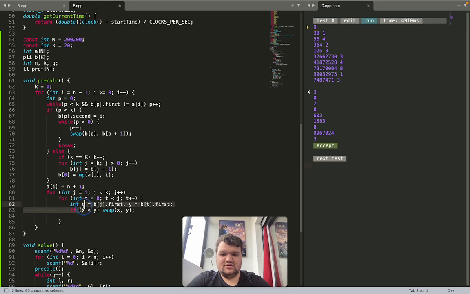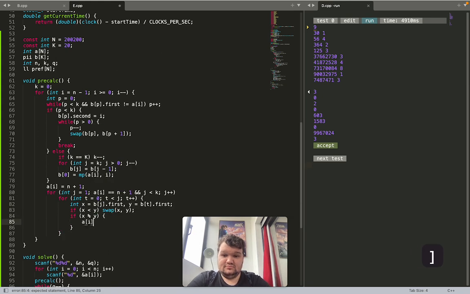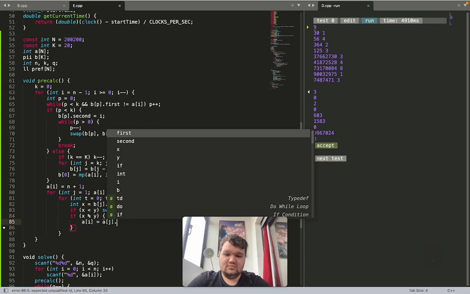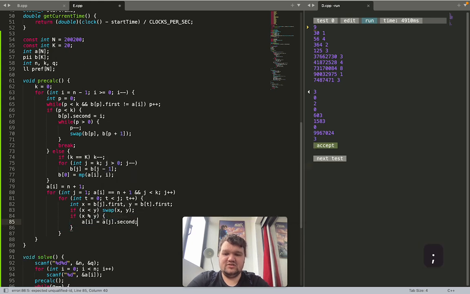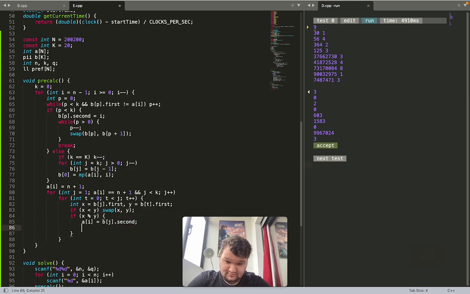So I want to check if x and y are not divisible one by another. So if, after the swap, x is greater than y. If it is not divisible, then I should just say that when I encounter this element, it's already bad.